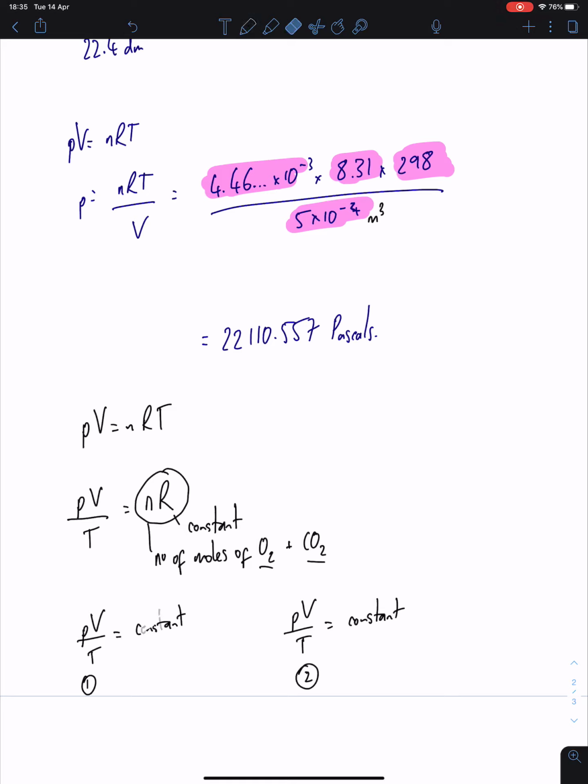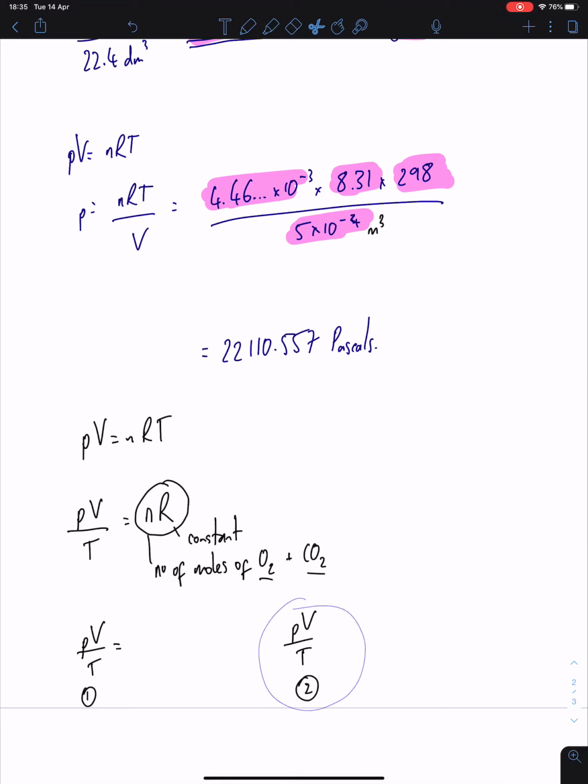So all that they've done in the solution is say, well, these two things actually equal each other. And then they've rearranged it to say that I want to work out that pressure. So they've rearranged all of that, and they've got the new pressure worked out, which they've got as 20,000 pascals.